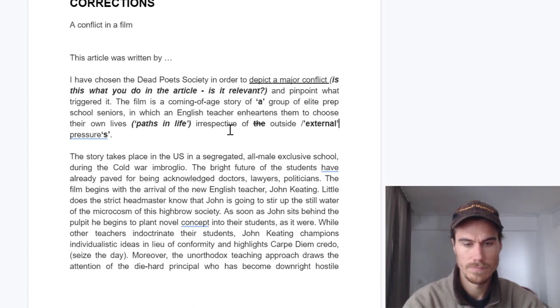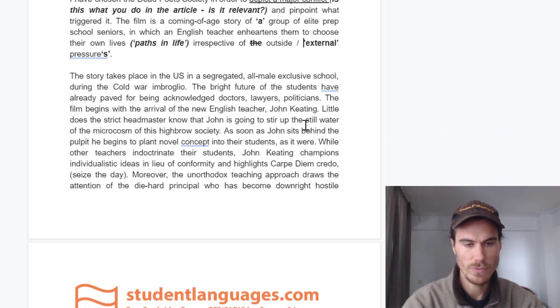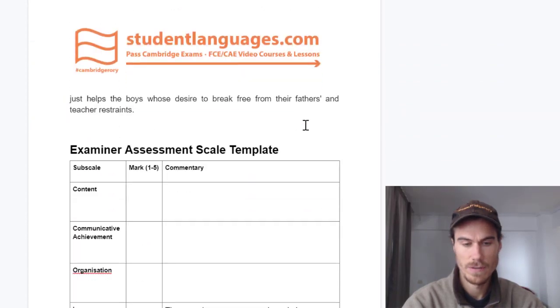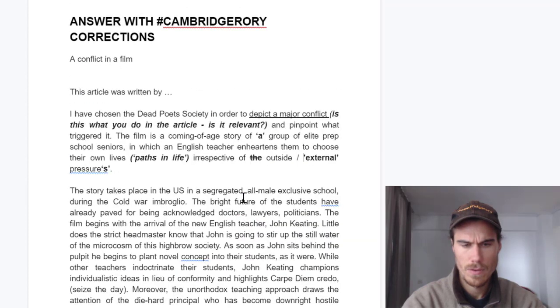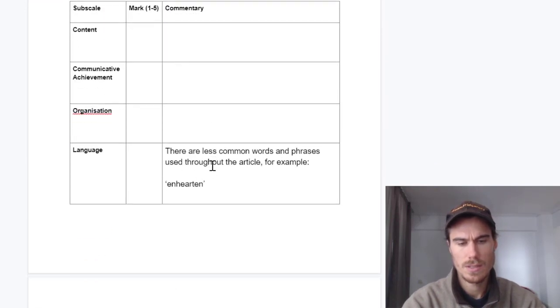Another option: often we talk about external pressures. I'm just going to write a comment. I was going to add irrespective to the language, less common vocabulary.